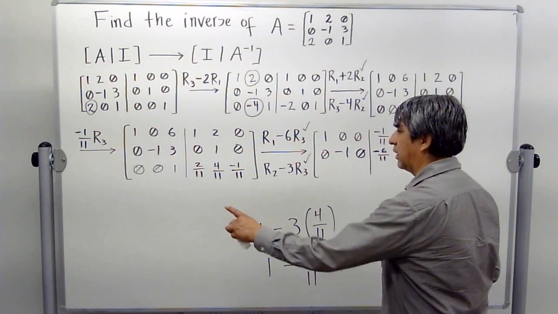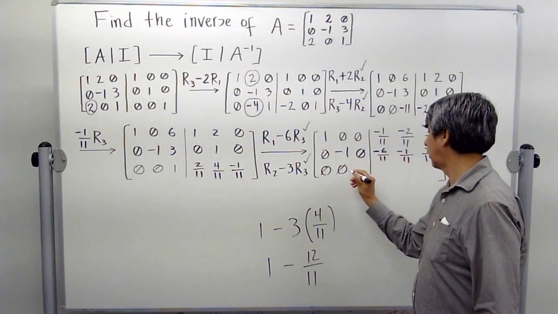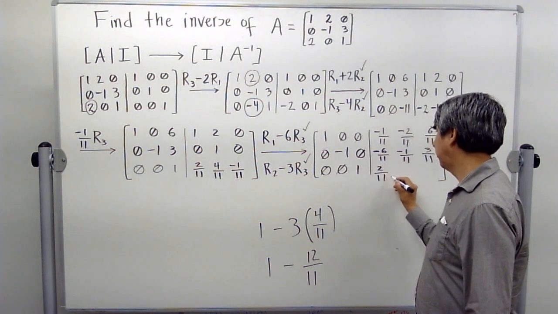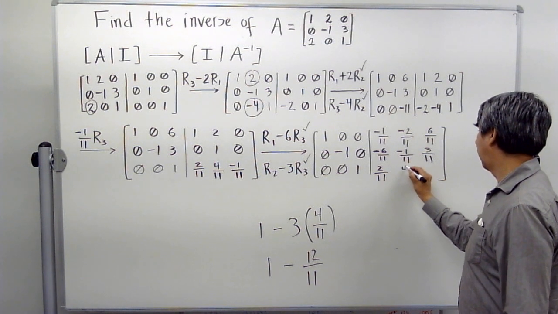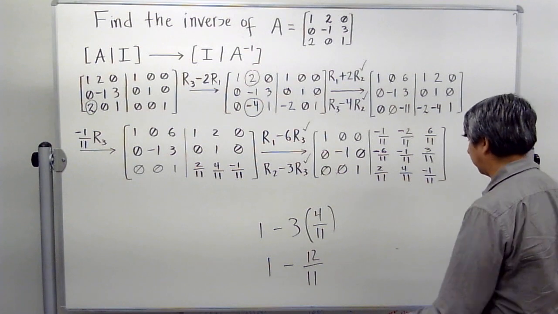Done with that. Keep the third row: 0, 0, 1, 2 over 11, 4 over 11, negative 1 over 11.